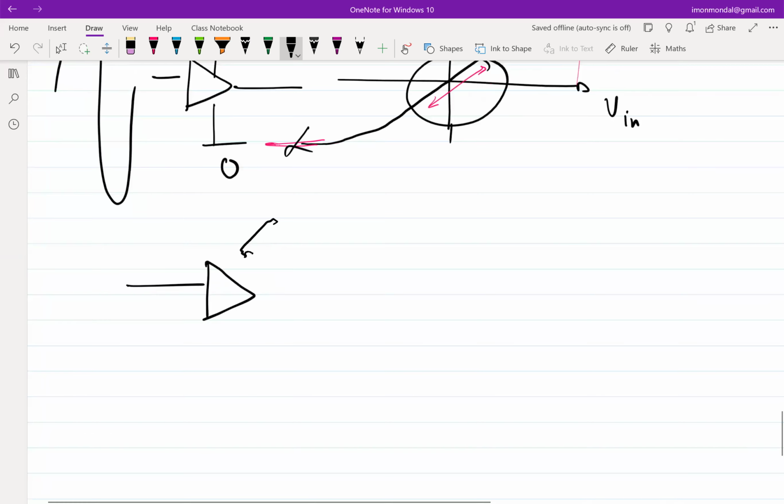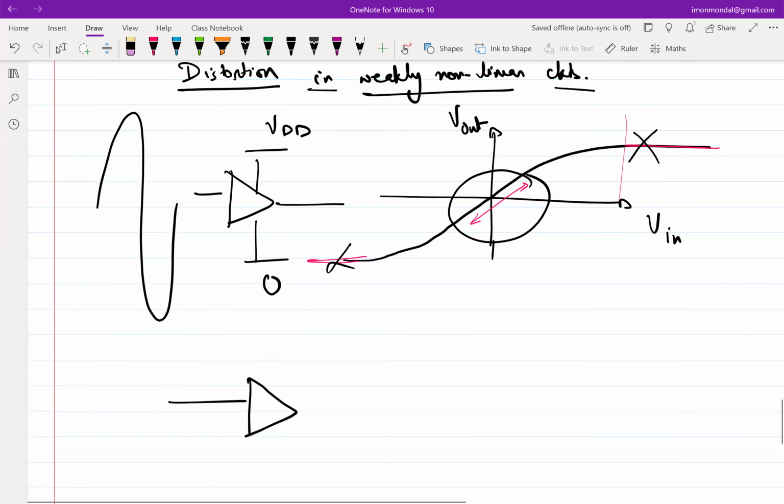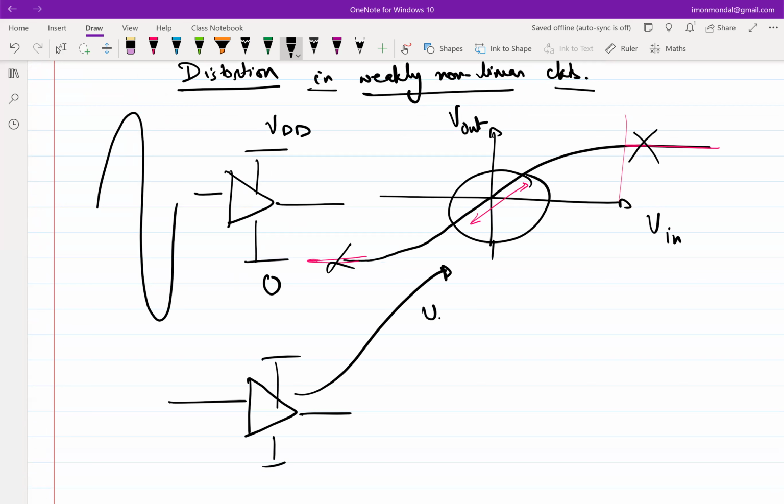so this is the amplifier, and this is the characteristic. Around the origin, I can express V out versus V in as a Taylor series expansion of this curve, which means, the way I have drawn, there is no DC component, but let's assume there is a DC component, right?